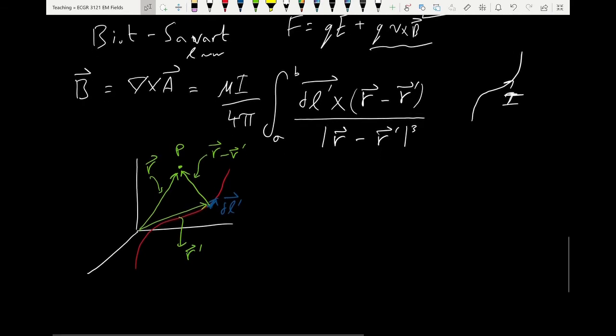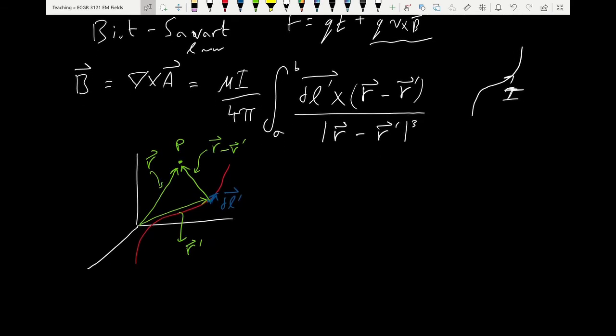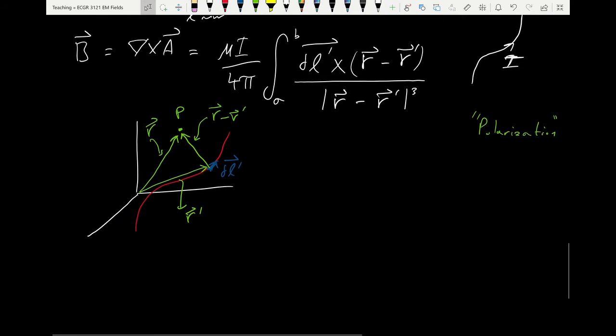I want to do a calculation, and we did a similar calculation when we were studying polarization. So here we are repeating some argument that we used when we were deriving some stuff about polarization. Again, it's a subtle argument, so pay attention.